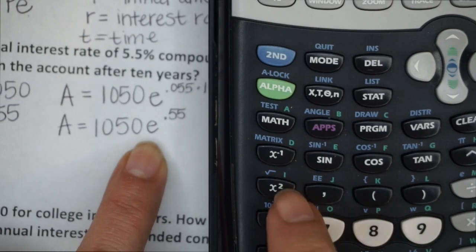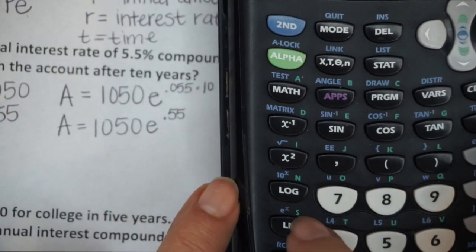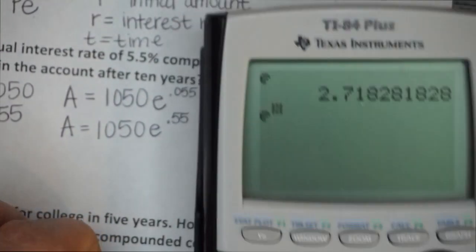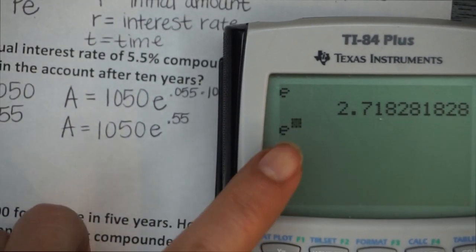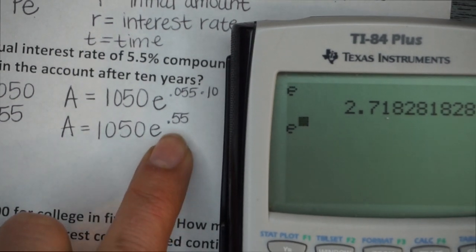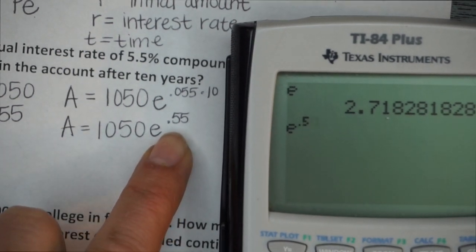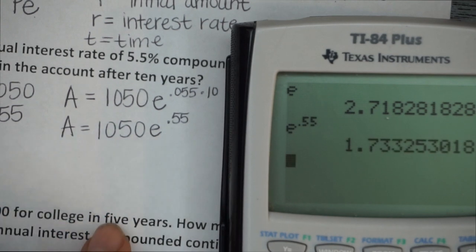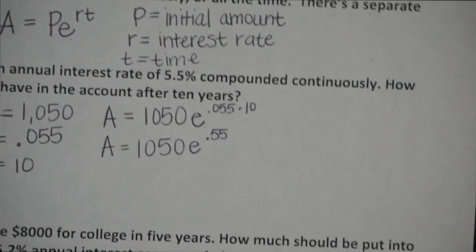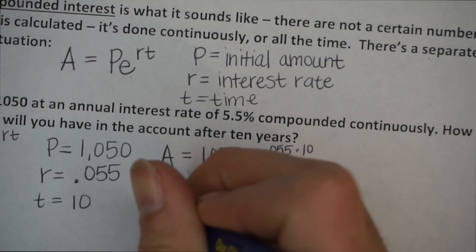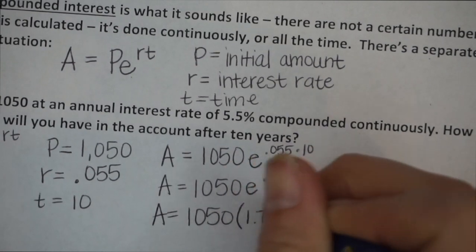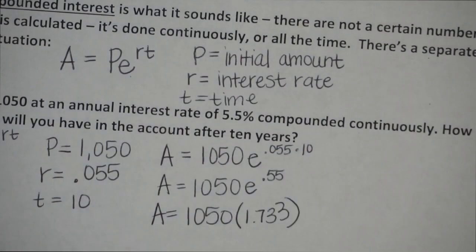So like I said, you can go to that LN button, but you have to press second and then the LN button. You can see my E on the screen and the space to put the exponent up high. I type in my 0.55, enter. So that's about 1.733. Okay, so now I have A equals 1050 times 1.733.